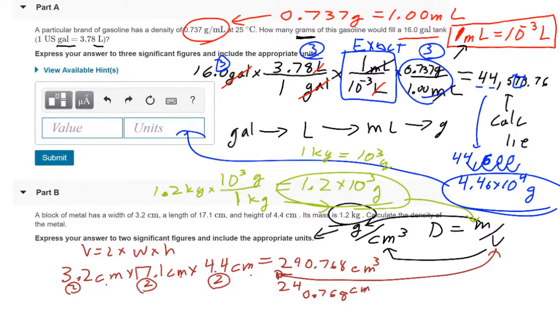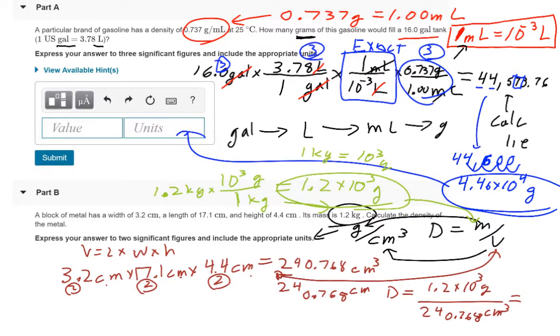So now we know our density is 1.2 times 10 to the third grams divided by 240.768 cubic centimeters. Multiply everything on the top, divide through by everything on the bottom.